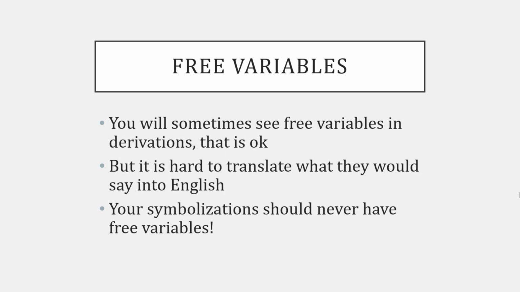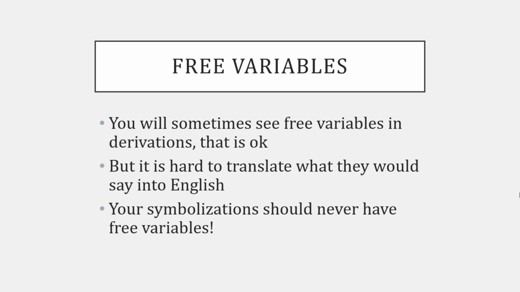So if you symbolize and you end up with a free variable, that means that you didn't symbolize it properly, because the sentence you started from should make some kind of semantic sense. Even if they're bizarre and convoluted, they still are supposed to make sense. So don't end up with free variables. All your variables should be bound by some quantifier or other. Okay? So that was free variables.